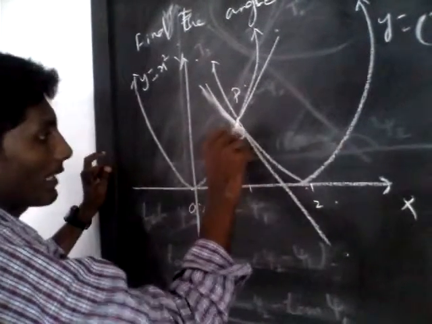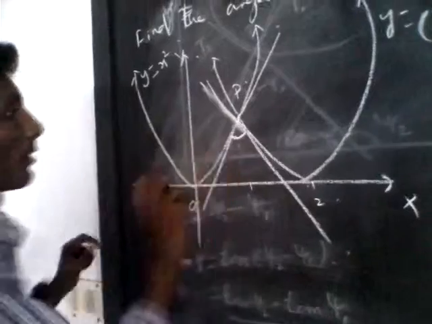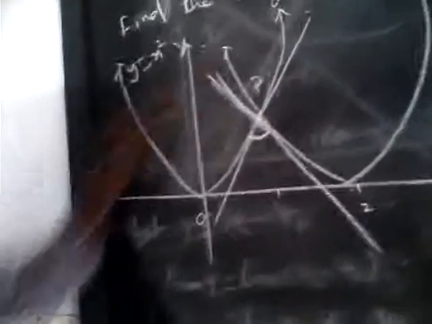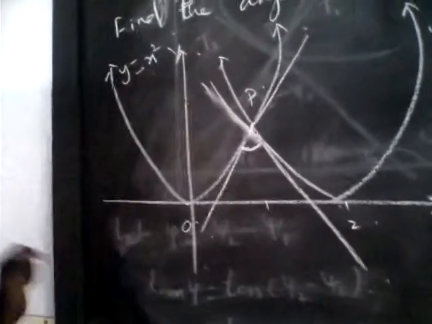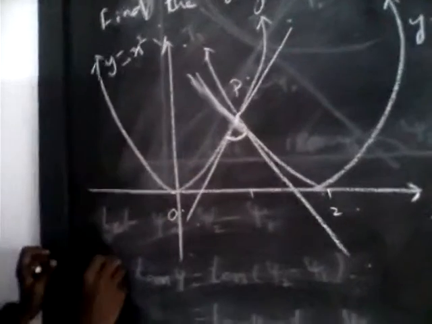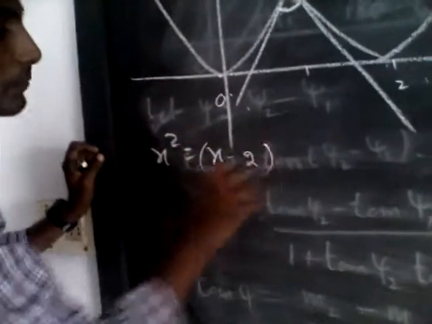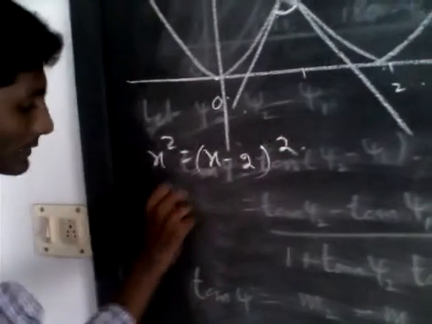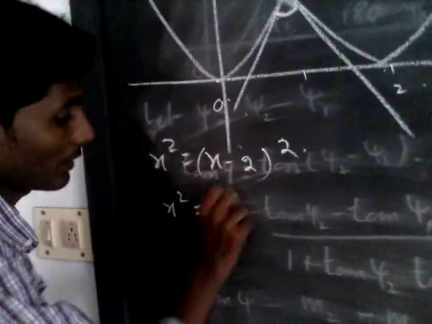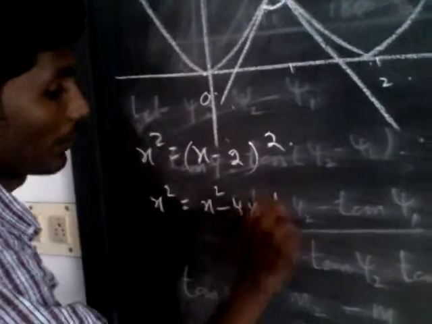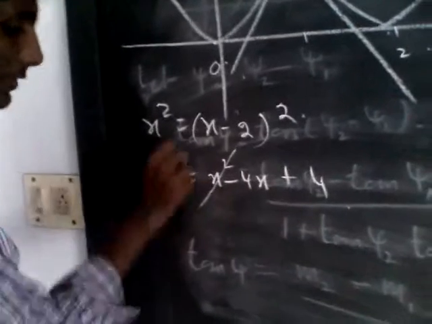Now we have to find this angle. First, we have to find the intersecting point P. For that, we need to solve these two equations. Comparing these two equations, we have x square is equal to x minus 2 whole square. So x square is equal to x square minus 4x plus 4. Cancel x square and x square.